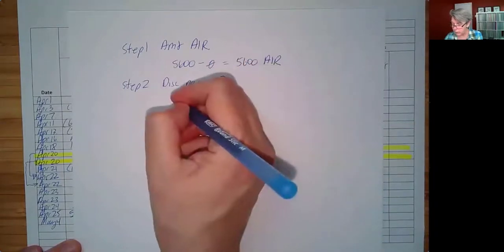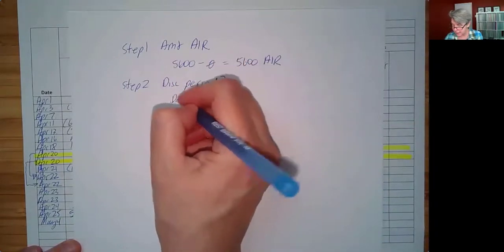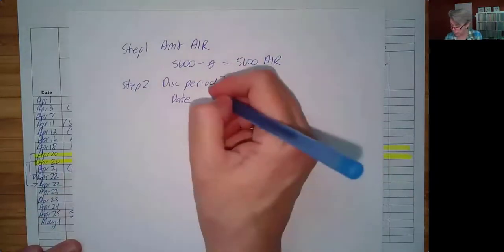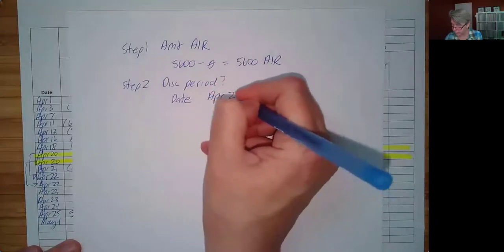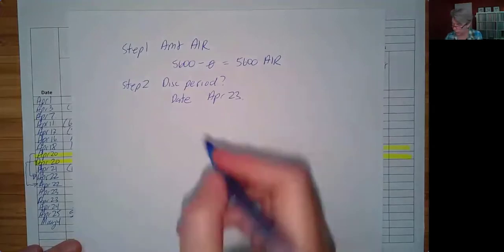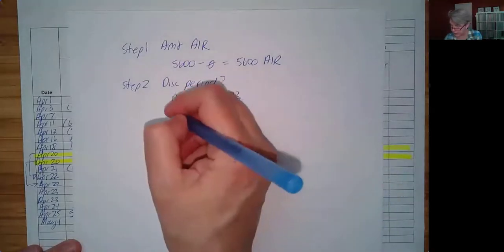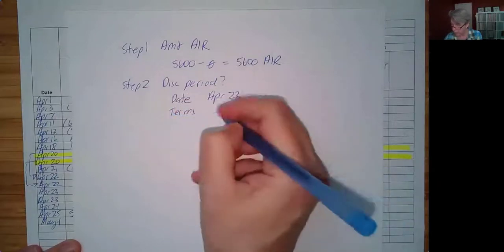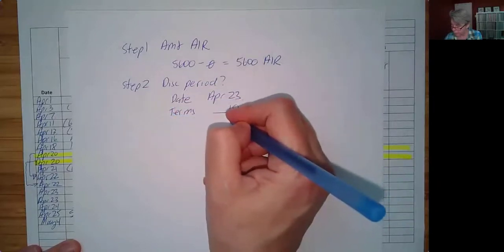Well, when was the original date? When I'm looking at this customer, Jameson, it was April 23rd. How many days did they have to pay? 10 days, because their terms were 1/10. So this would be April 33rd.